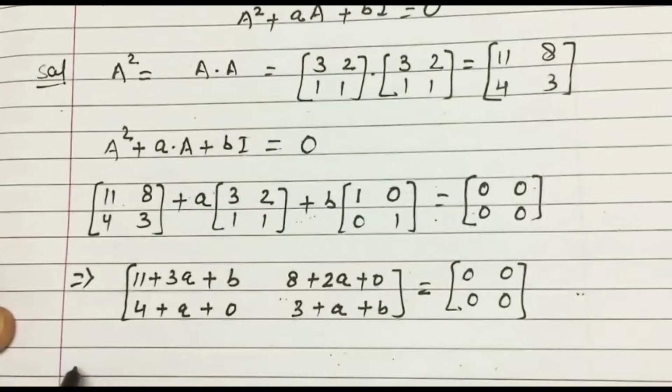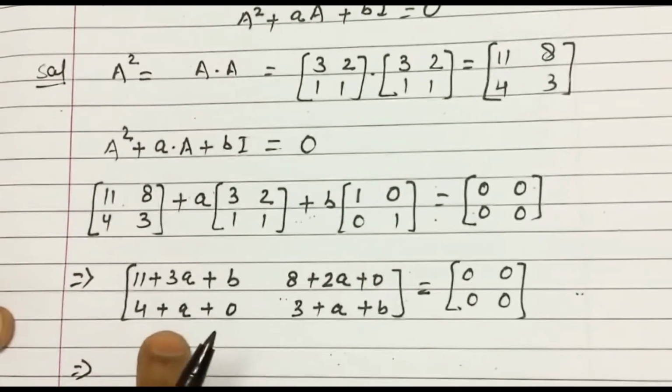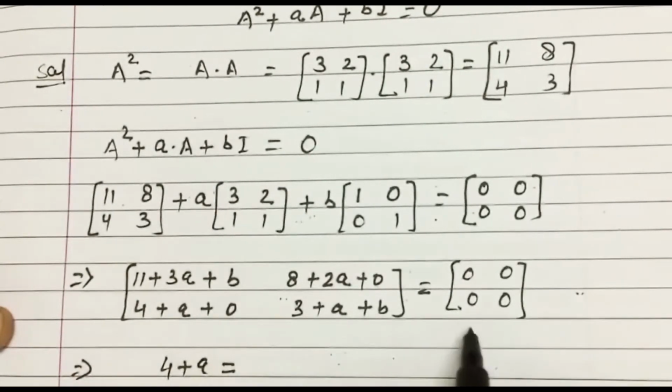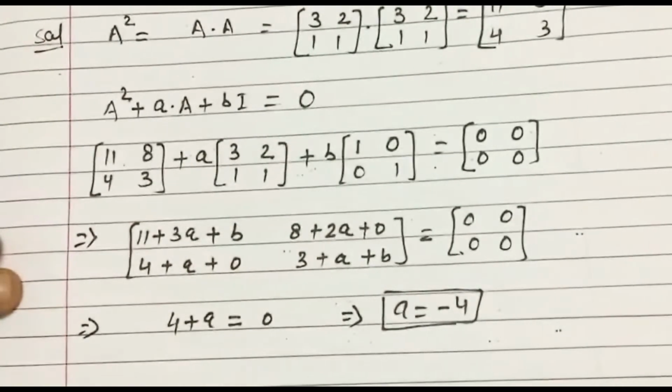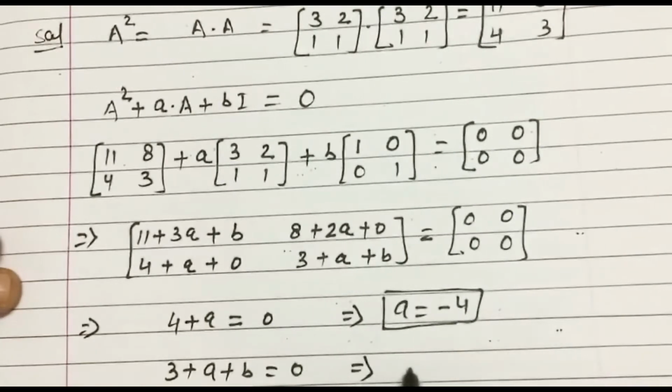So if I equate the third element, 4 plus A is equal to 0, so you will get A is equal to minus 4. And next, 3 plus A plus B is equal to 0.